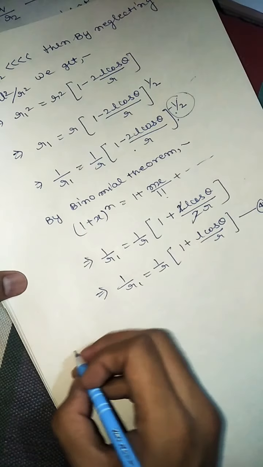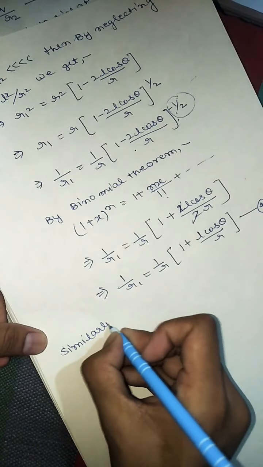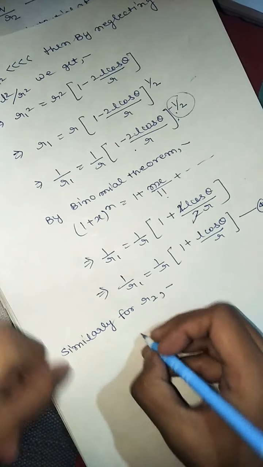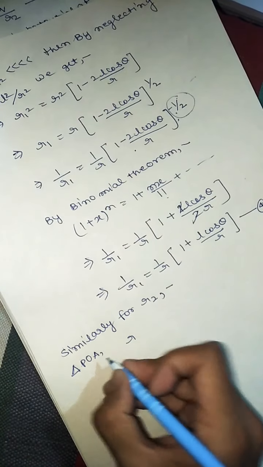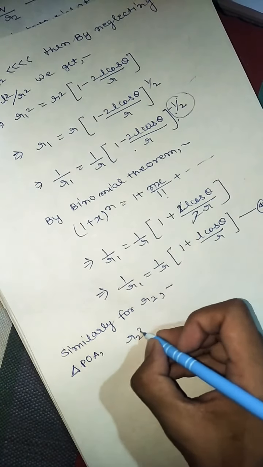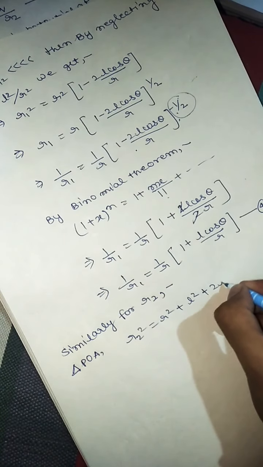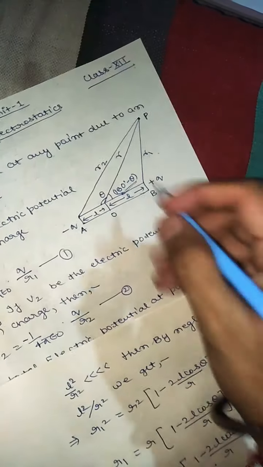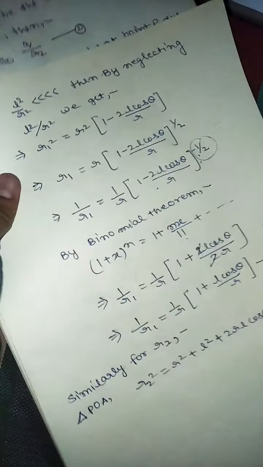Similarly for R2, if we are taking triangle POA, so what happened? R2 square becomes R square plus L square plus 2RL cos theta, because in this diagram there is only theta angle in triangle POA.